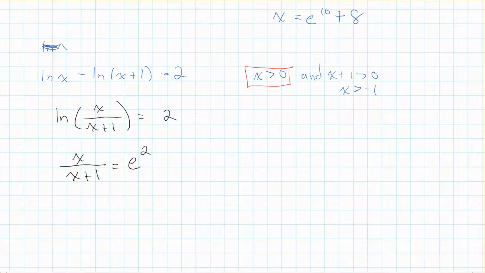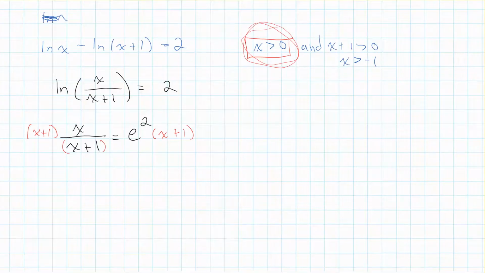Now I need to solve this for x. I would multiply both sides by x plus 1 to get rid of the fraction. When we've done this before, we say we have to be careful that x isn't negative 1, because you can't multiply by 0, but I know x isn't going to be negative 1 because x has to be greater than 0.